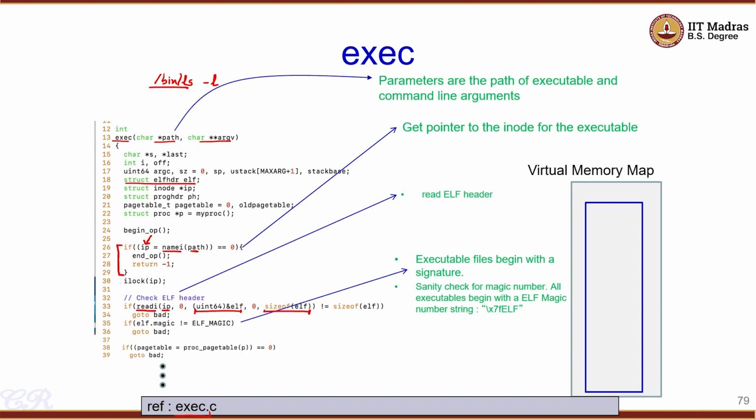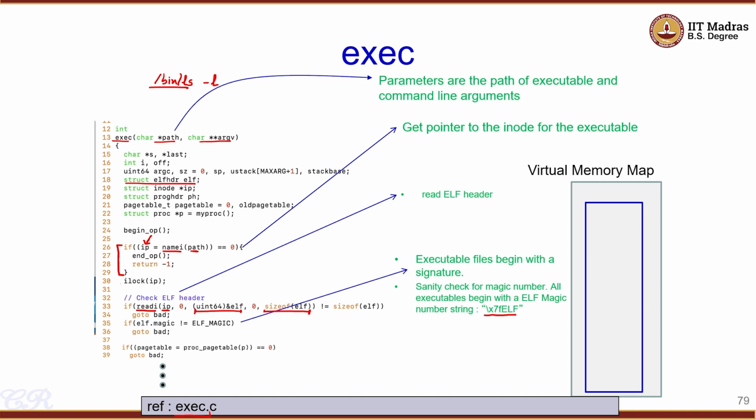Essentially any ELF file has the string \x7fELF. This is considered the magic number. So the first thing we do is open the file, for example /bin/ls, read the ELF header over here, and check whether the magic number matches.